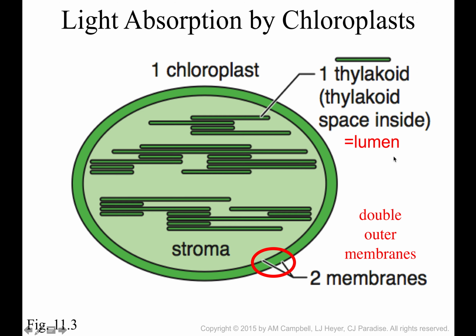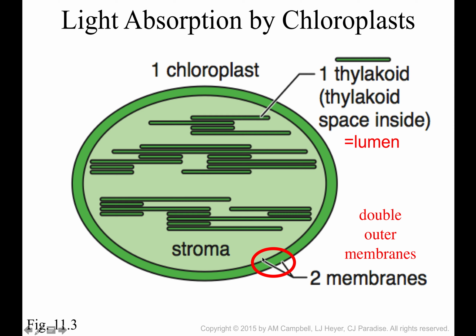I, and other photosynthesis scientists, call that space the lumen, the thylakoid lumen. So I want you to use that term lumen, but you'll see in the figures in the book it'll say just thylakoid space. They mean the same thing, but I want you to know the term lumen.